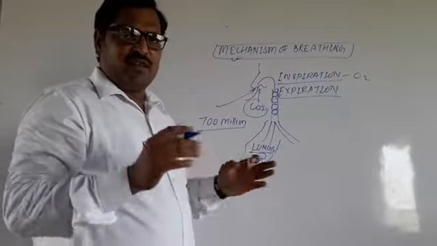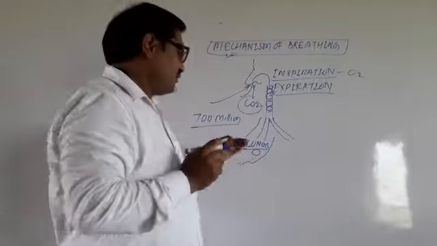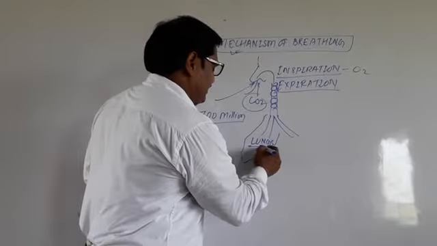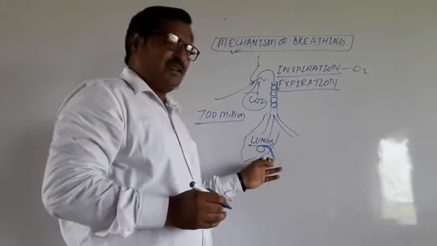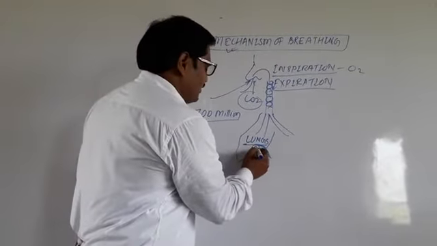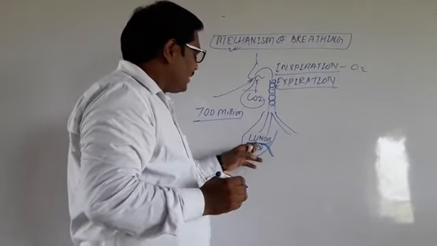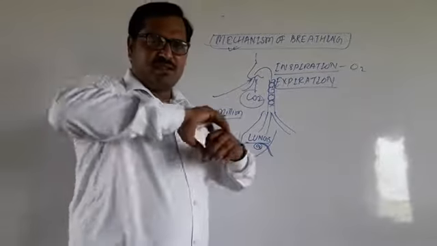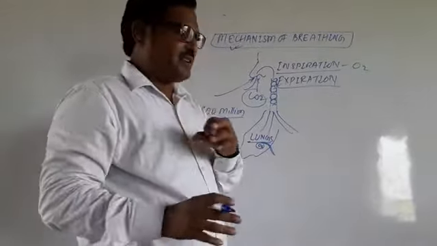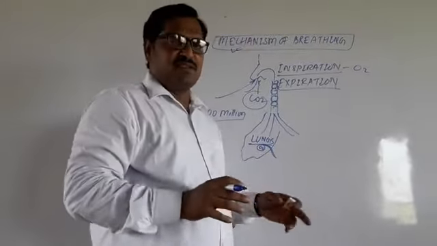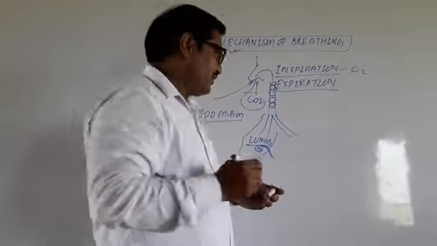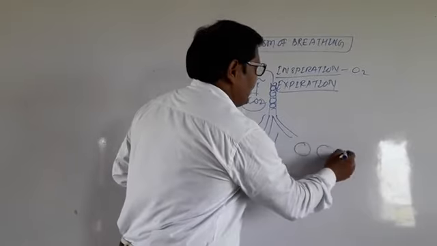Above the alveoli, there are blood capillaries. Oxygen from the alveoli diffuses into the blood capillaries, and through them the oxygen is delivered to every cell.